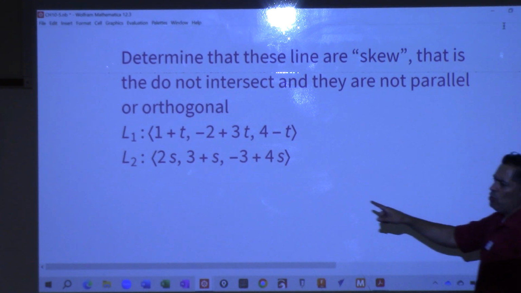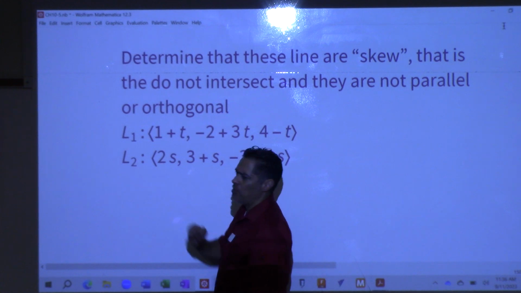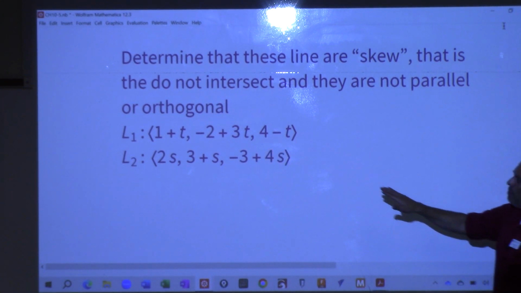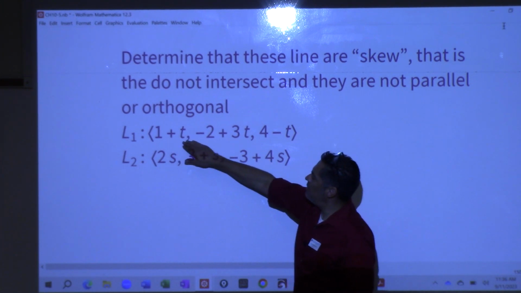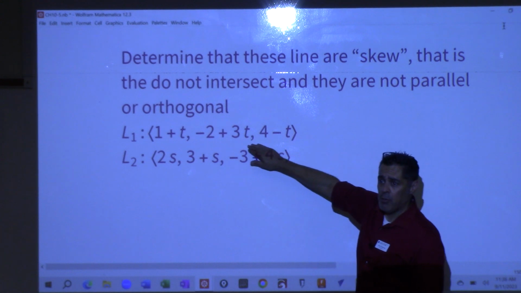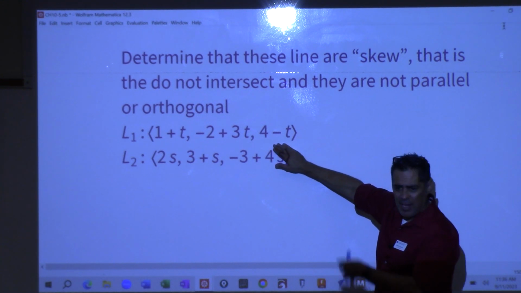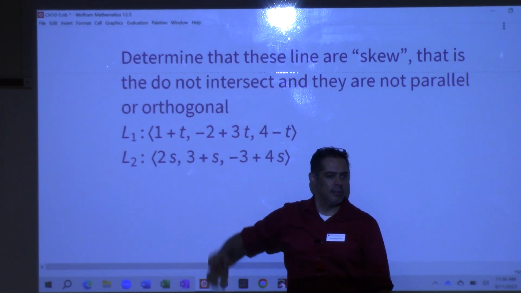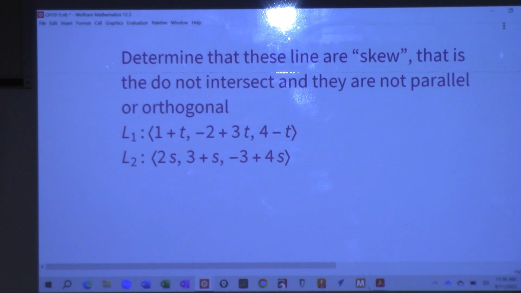So I've given you 2 lines. I'm calling them L1 and L2. Now look at my definition of L1. Do y'all see that this is the vector equation of a line, just like we did a second ago? Can somebody real quickly tell me a point on this line? 1, negative 2, 4.